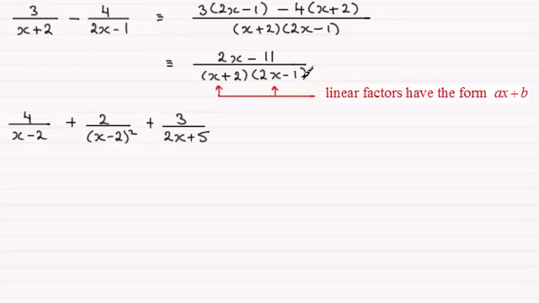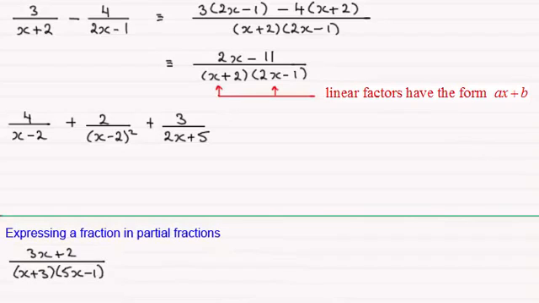And this always happens. So if you had an example like this, where we have to express a fraction in partial fractions, and it's this fraction here, we can see that in the denominator we've got two linear factors, x plus 3 and 5x minus 1. And what this would give rise to would have been that it would have come from something like this.